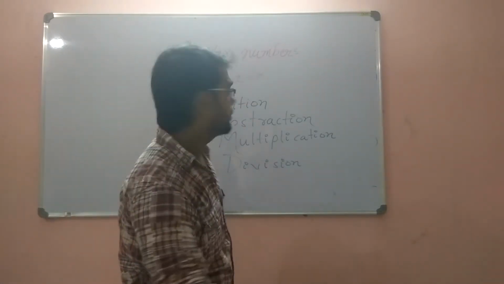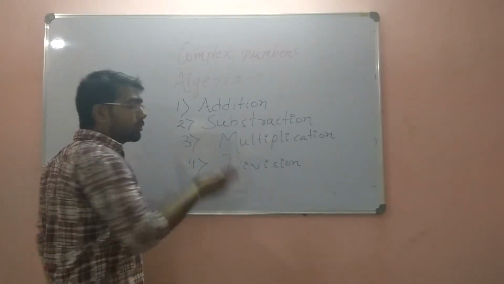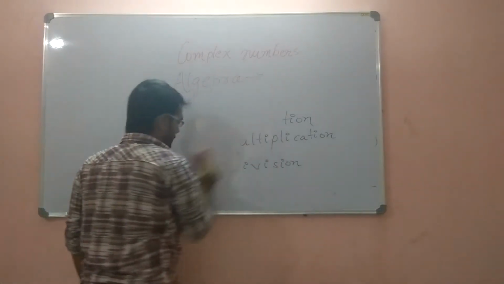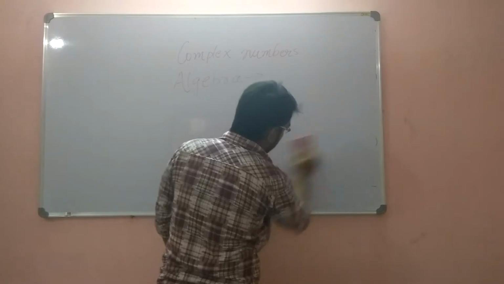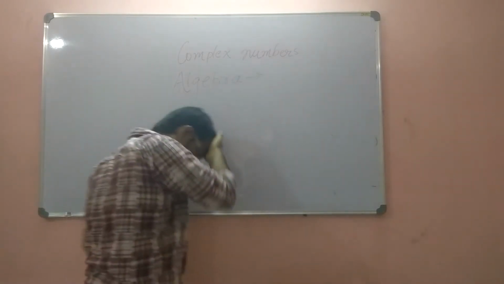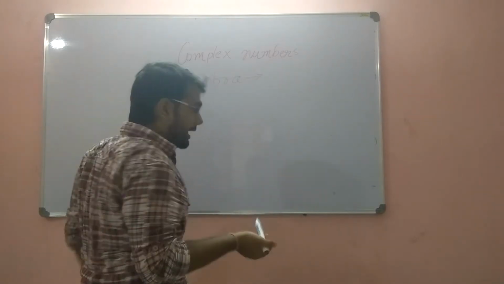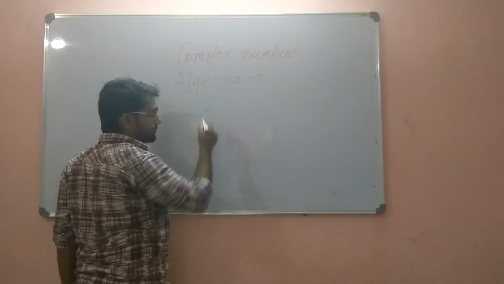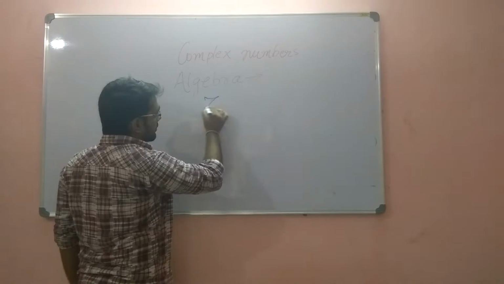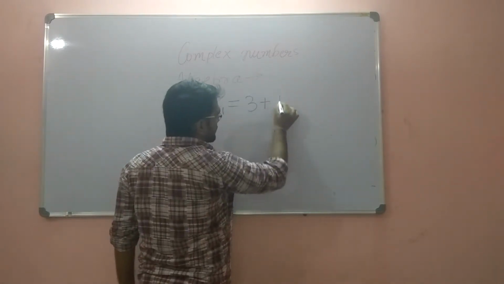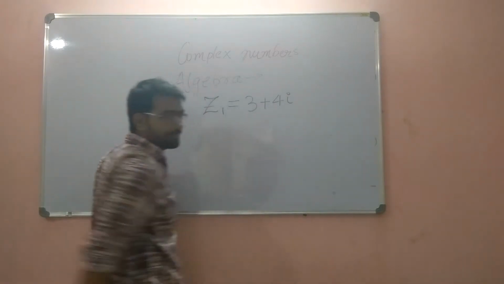So at first we will look at addition, how to do the addition of complex numbers, right? Suppose for instance we have our first complex number equals 3 plus 4 iota, okay?